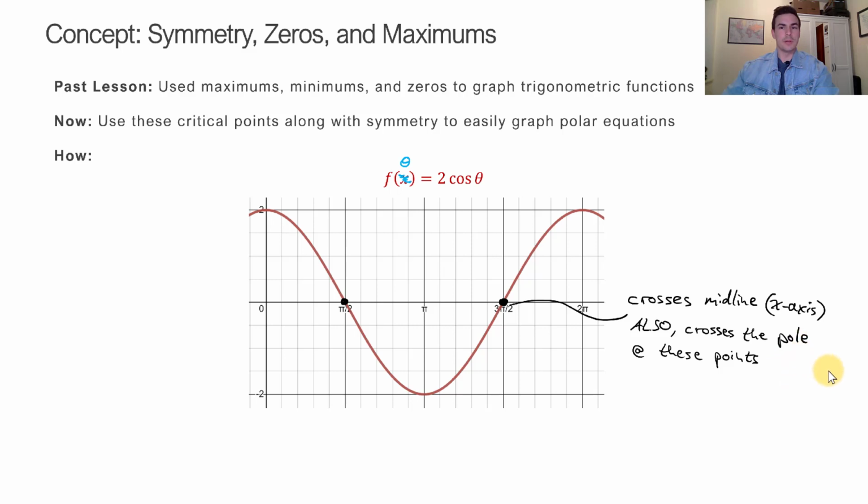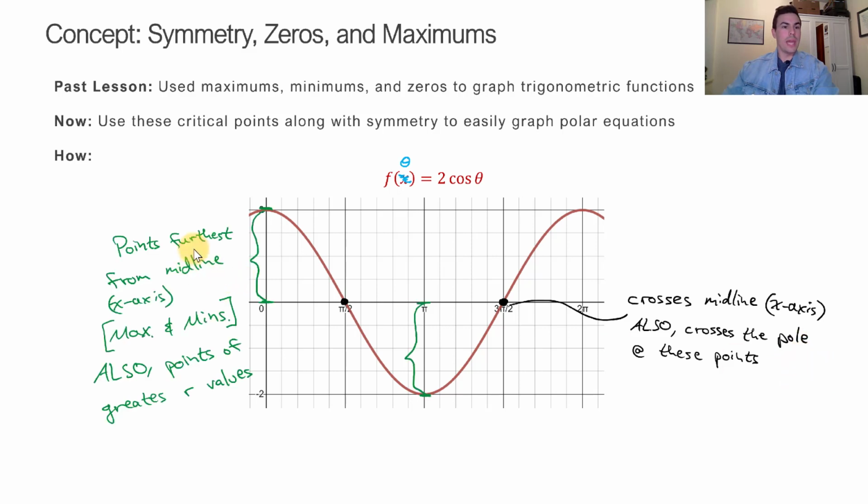pole as well, right? Now also, when we have points that are furthest from our midline, thinking about our maximum and minimums, and again, the x-axis is our midline in this case, that is where we have our greatest r values on our polar equation's graph, our graphs in our polar coordinate grid.